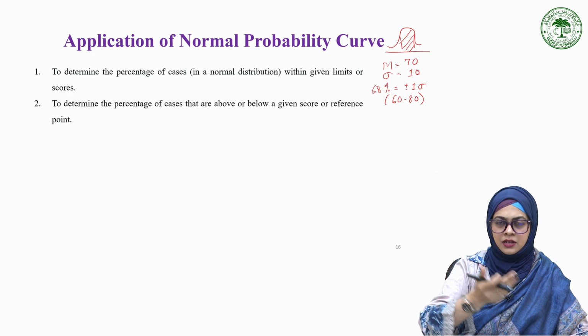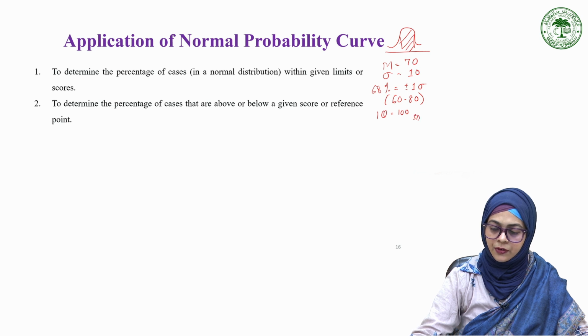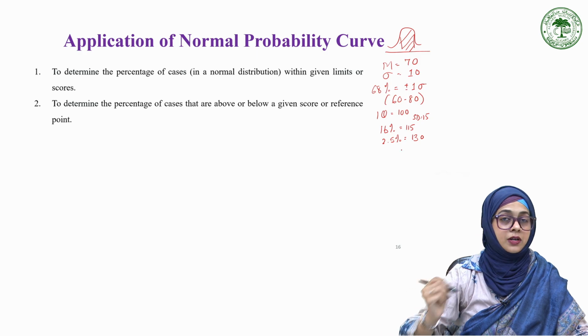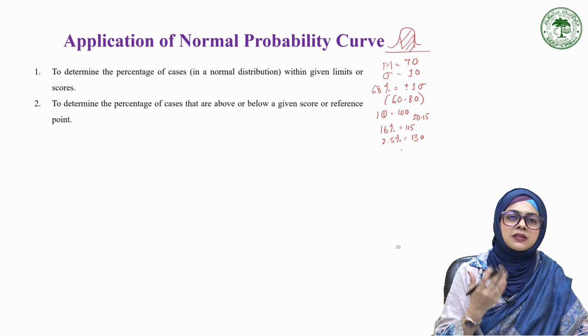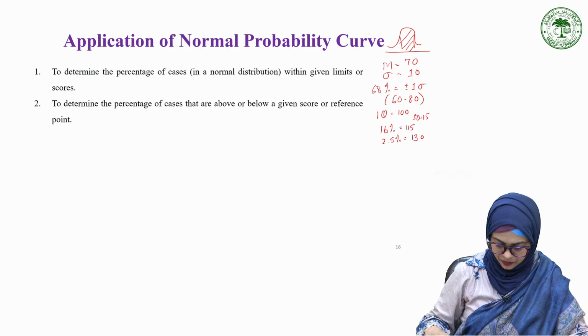Just like in the earlier example, when I gave you IQ as 100 and SD as 15, through calculating the percentage, we can say that 16% of the learners had IQ 115, or 2.5%, they were learners who had above 130. They were highly gifted. So you can also calculate the percentage of cases through NPC.